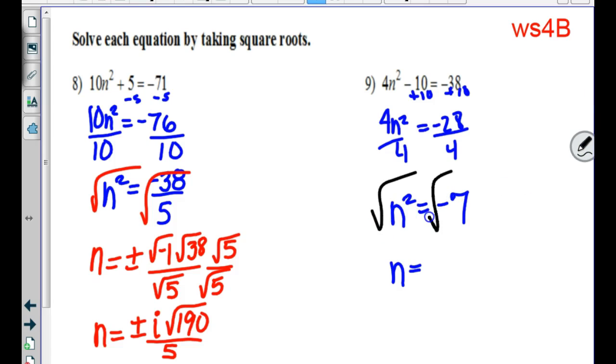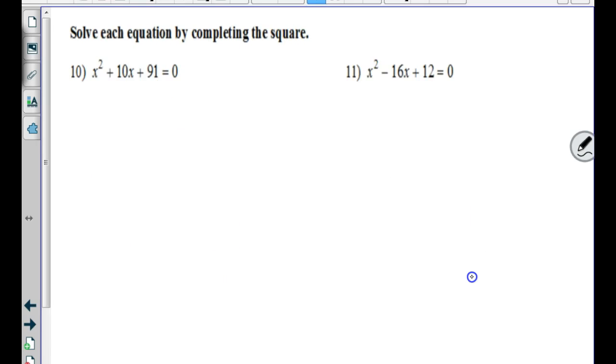Did it come out nicer? What is this going to simplify to? Plus or minus i square root of 7. Everybody okay? And nobody's going to write i plus or minus the square root of 7. Everybody's clear that that's different? Okay, we're not adding and subtracting. We just have two answers. One is a positive i square root of 7 and one is negative. All right. What about these two?